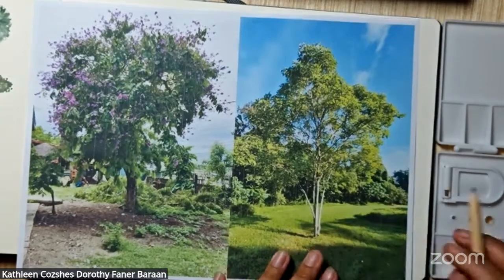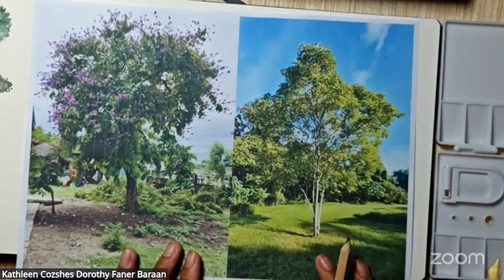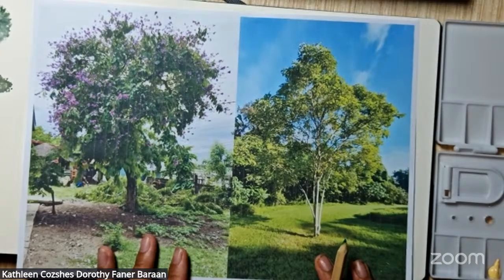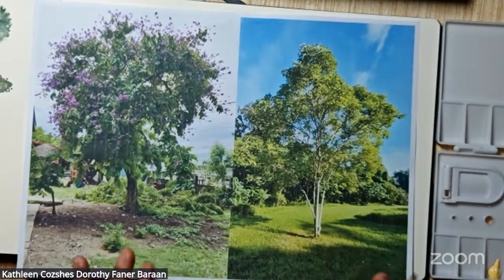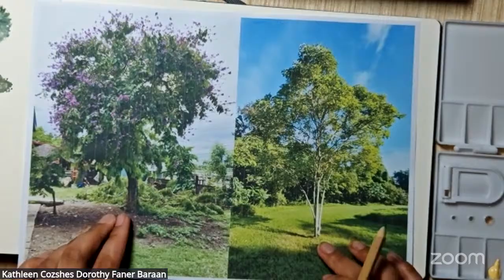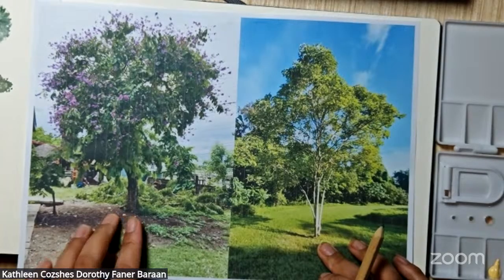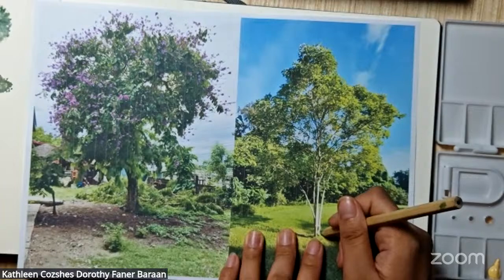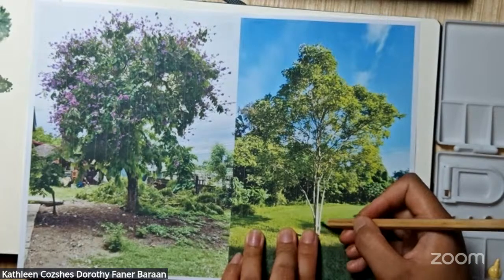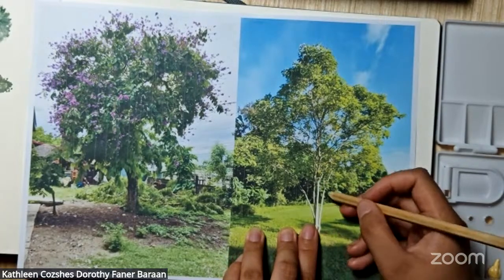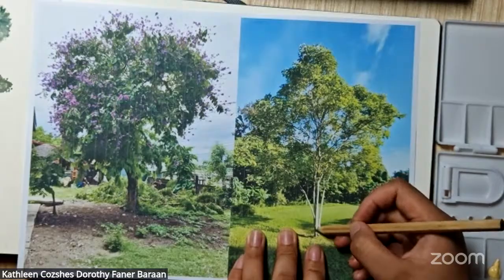Let's talk about the trunk first. For now we're going to try to do one tree, and it's up to you if you want to do the other tree. For the trunk, I think it was Leonardo da Vinci who said that the branches should not be thicker than the branches below them.